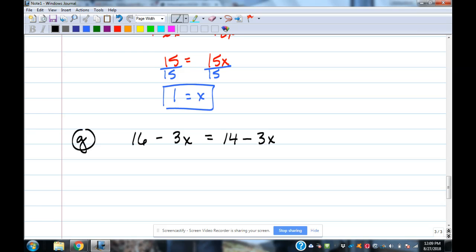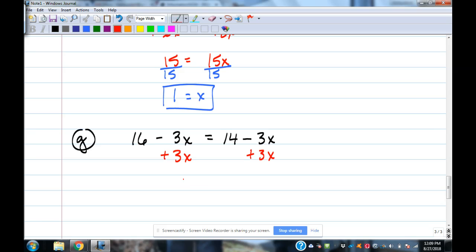What would our first step be? If we add 3x to both sides, that'll move one. But what happens when I do that? What happens to this minus 3x and this plus 3x here? They cancel out, right? What happens over here?